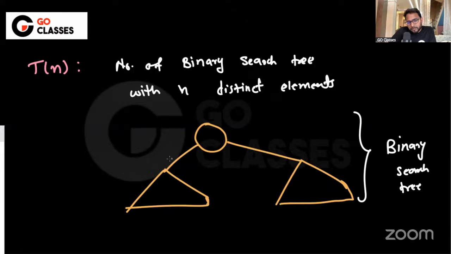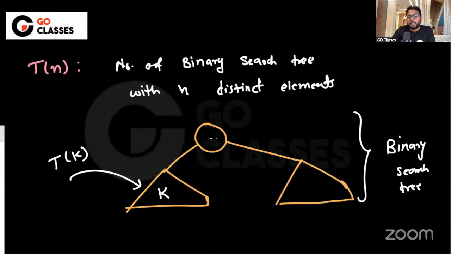So suppose Tn is basically the total number of binary search trees with n nodes or n numbers. Then if these are the k numbers, then how many binary search trees are possible here? Tk, right? Based on this definition.